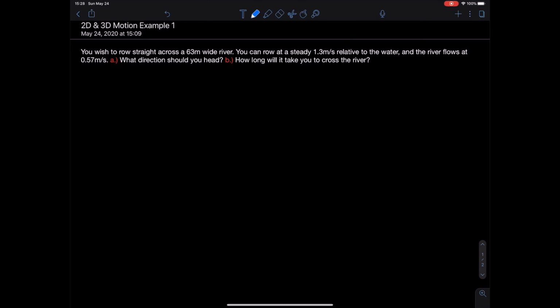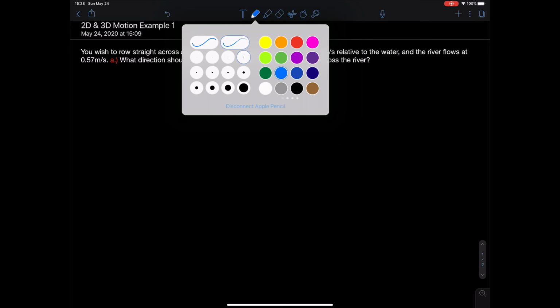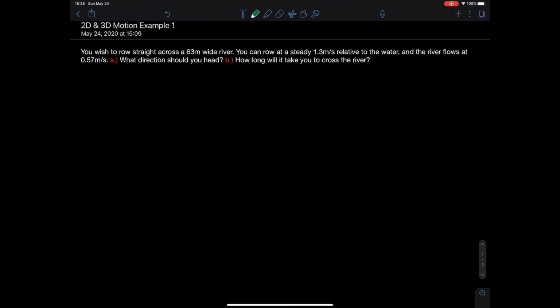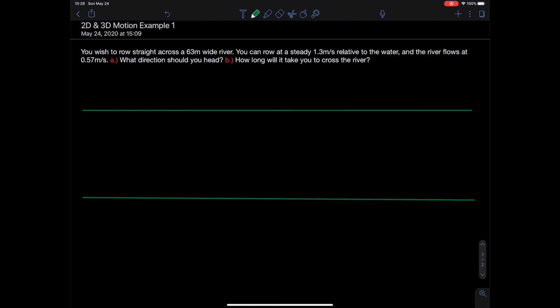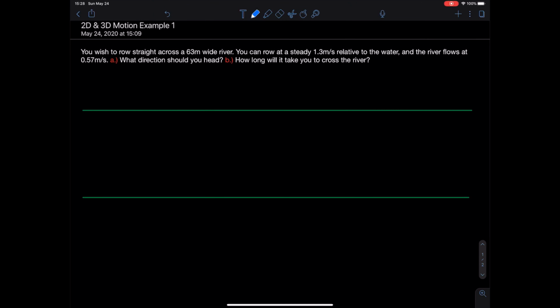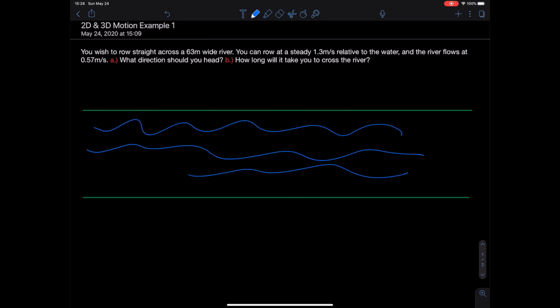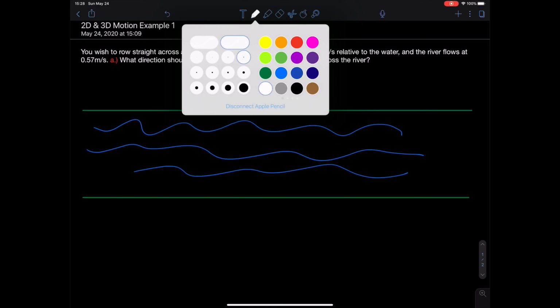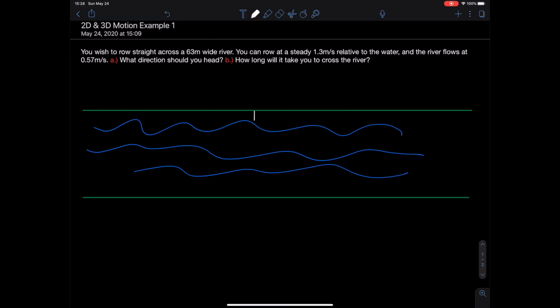So, first things first, let's get just an idea of what we're looking at. We can draw just a rough sketch of a river right here, and the river is flowing. So this is our river, and it says that the river is 63 meters across.